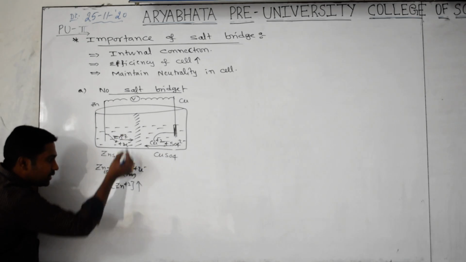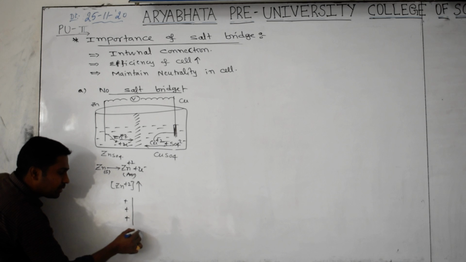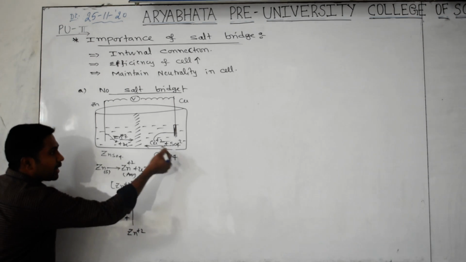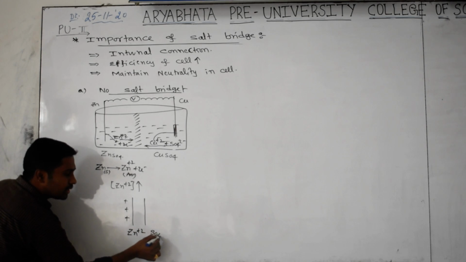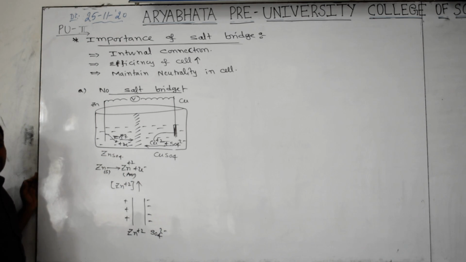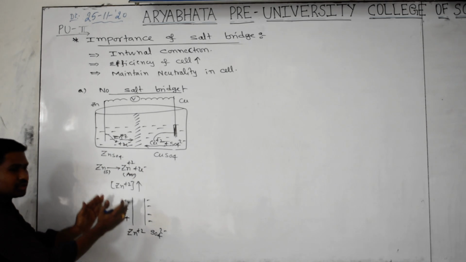Then what happens? At the anode side we get one positively charged layer because of Zn2+ particles. Is it clear? So from the cathode side, what is coming towards the anode? SO4 2- particles are coming. Which charge do they carry? Negative charge. At the junction of two liquids, we have oppositely charged layers.